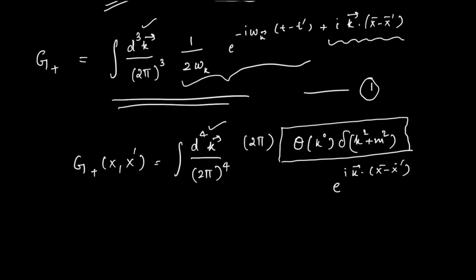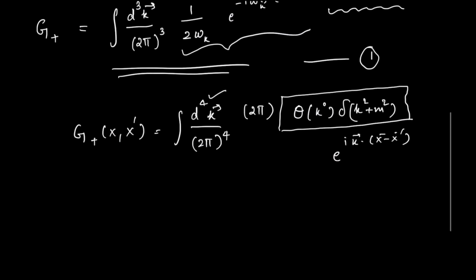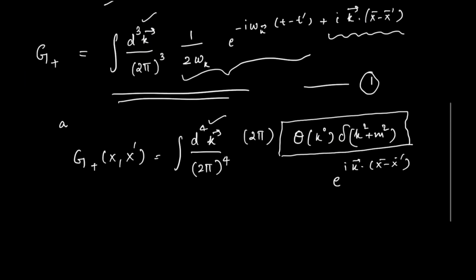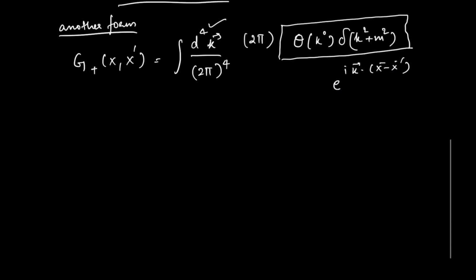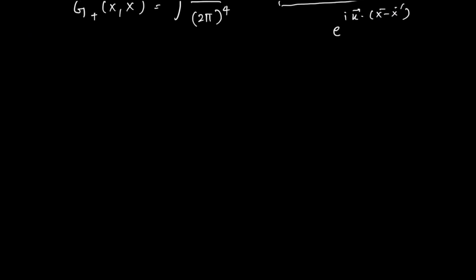So I'll just explain why this form appears. This is not compulsory, but this is another form of G plus. So how does it come? Imagine the energy-momentum space that any relativistic particle can take.